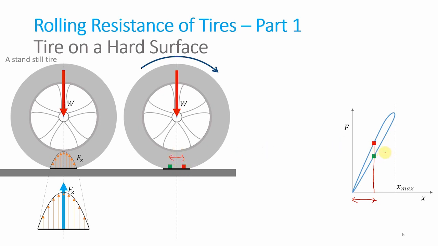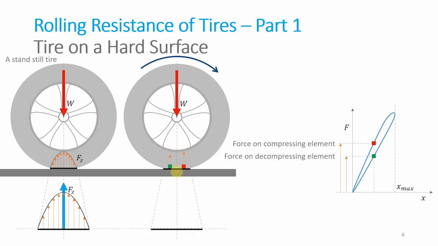But what about force? The force on the compressing element is higher than the force on the decompressing element, and as we scale up the forces and draw them here, you can see that the force on the compressing element is higher and the force on the decompressing element is lesser.